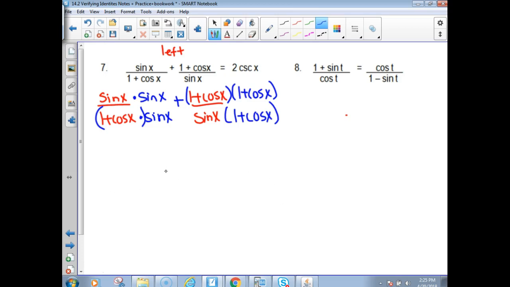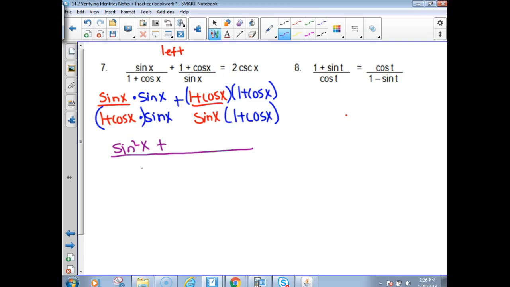Okay? So let's simplify these numerators. Sine x times sine x, sine squared, plus, I'm going to be adding because the denominators will be matching. And I'm not going to distribute this denominator right now.